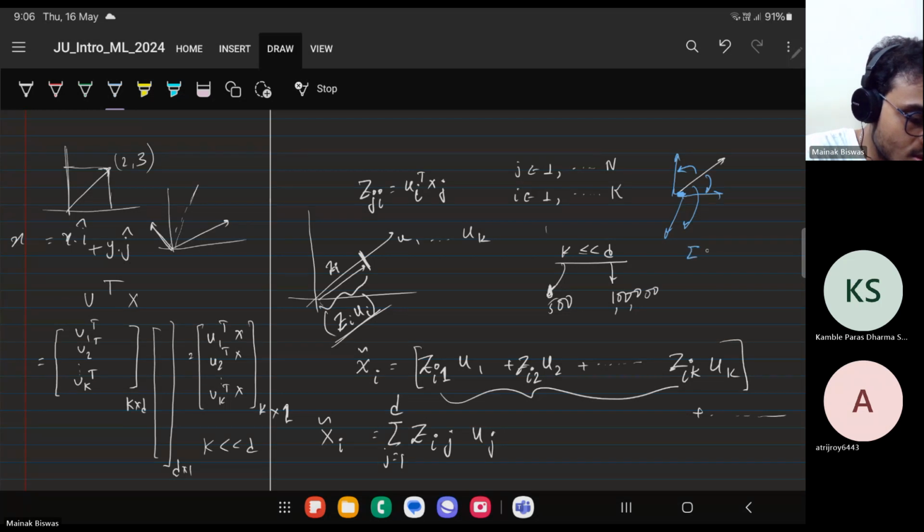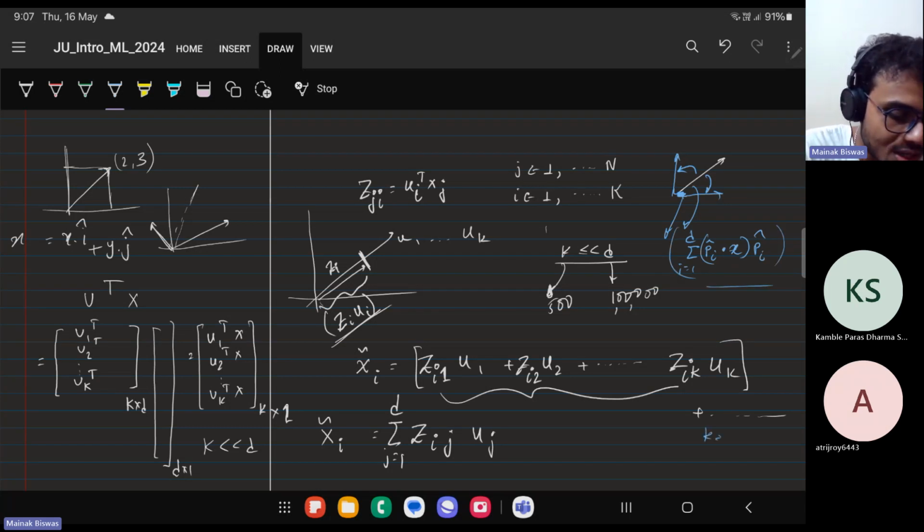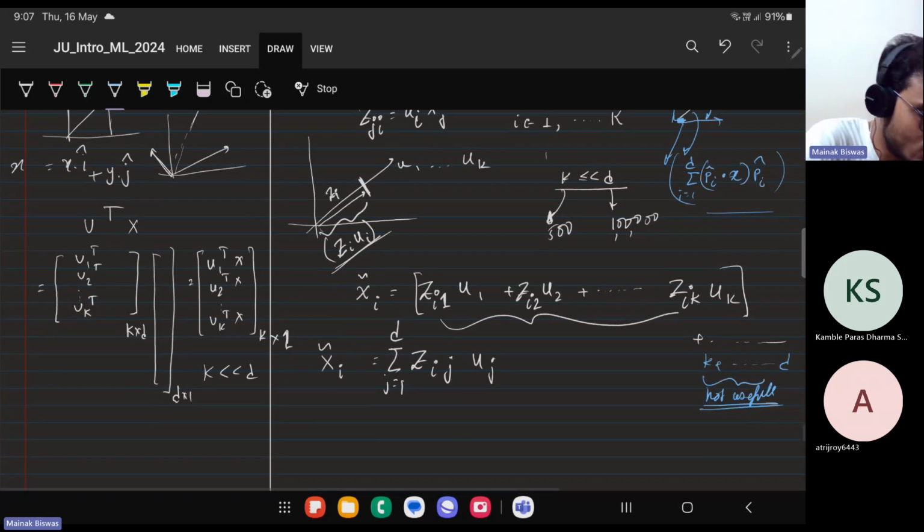Sum over i equal to 1 to D if it's a D-dimensional space, of the projections of the vector X. That's what I'm doing. But I am saying from K plus 1 all the way to D, this is not useful for me. Correct? Is the entire picture coming to you? This one I will write as the sum from 1 to K of Zij Uj, plus the sum from K plus 1 to D of Zij Uj.